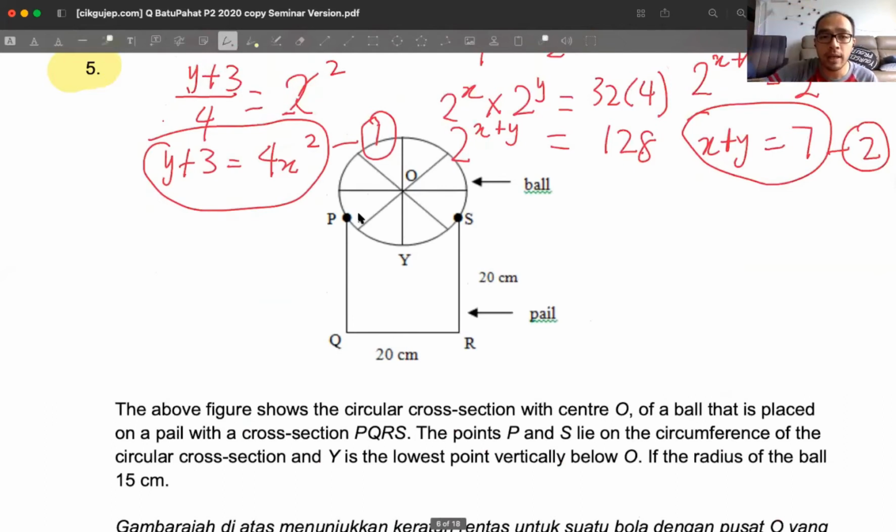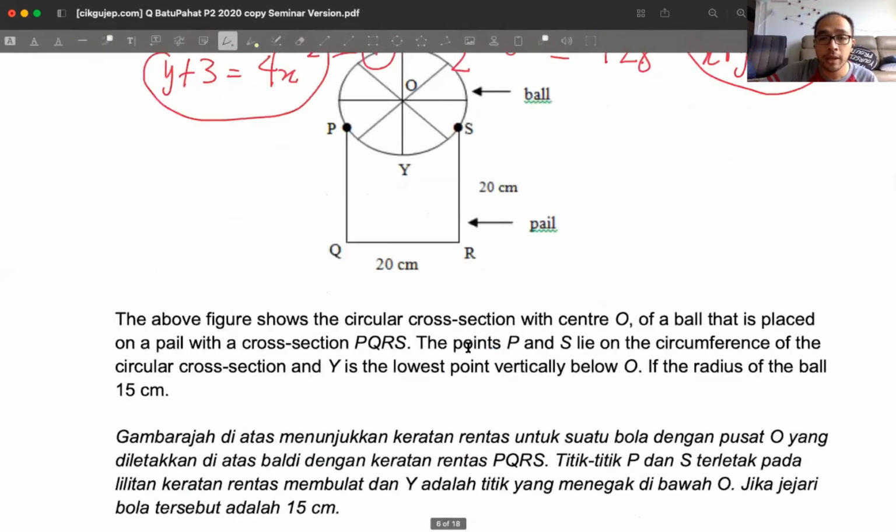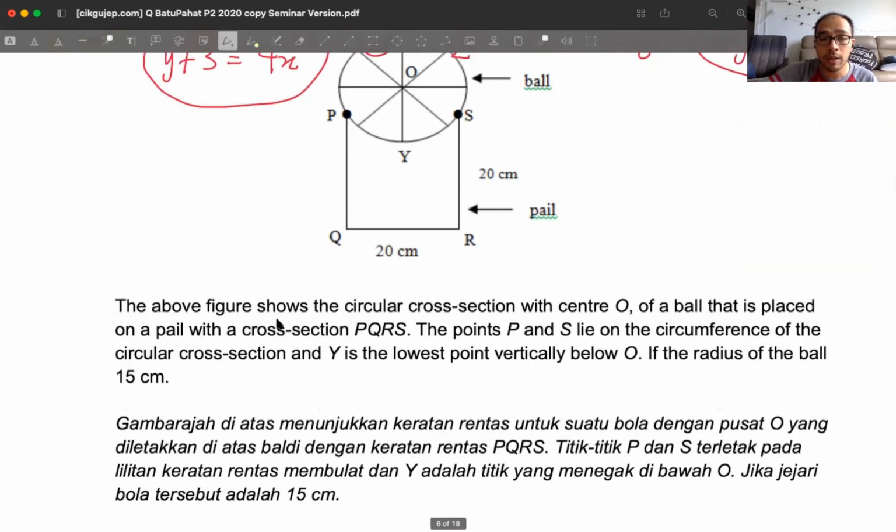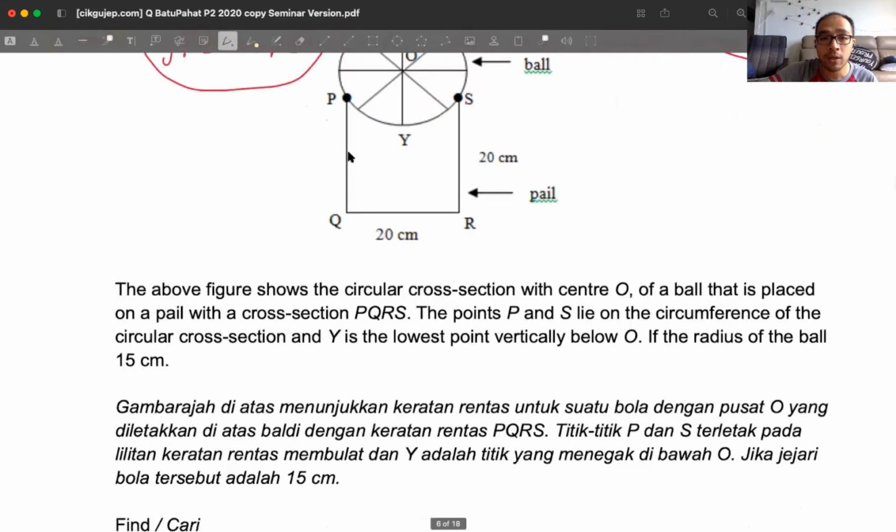Obviously a part of the ball akan termasuk di dalam lah. Now, the points P and S lie on the circumference of the circular cross section, and Y is the lowest point vertically below O. If the radius of the ball is 15 cm, find POS.